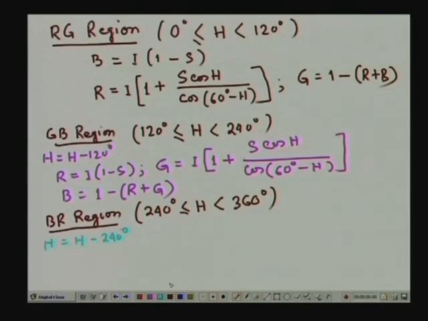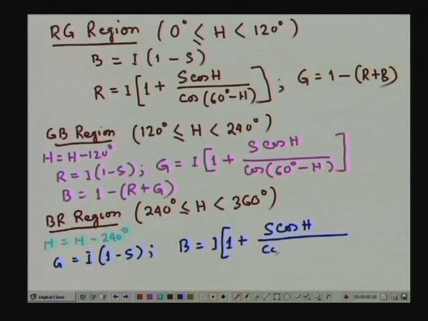And once we do this modification, then the G component is given by I into 1 minus S. The blue component is given by I into 1 plus S cosine H divided by cosine 60 degree minus H, and obviously the R component is given by 1 minus G plus B. So, you find that using these simple expressions, we can convert a color specified in the RGB space to the color components in the HSI space.